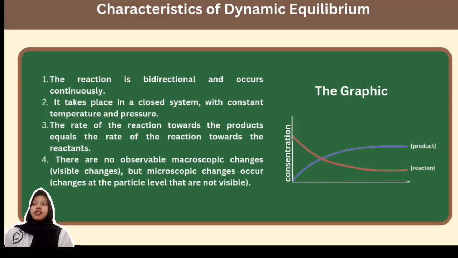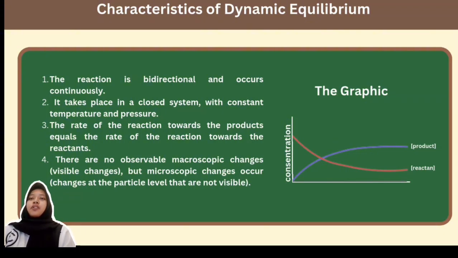So look at the graph on the slide. The change in reactant and product concentration from the beginning of the reaction to achieving dynamic equilibrium can be described as follows. At the initial stage, reactants are at their maximum concentration and no product has formed.